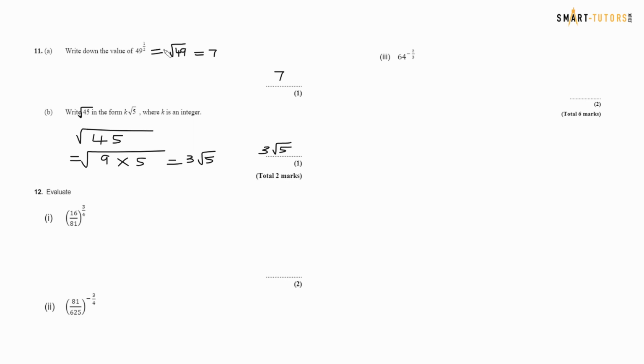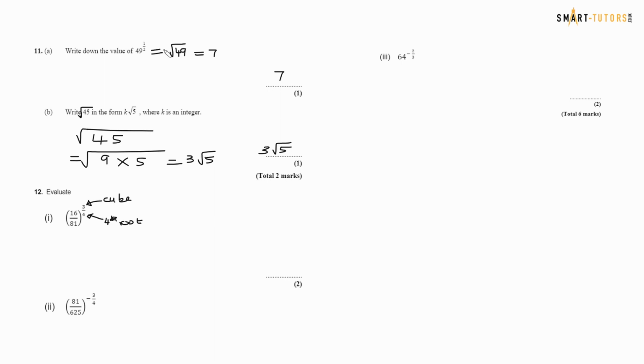Evaluate 16 over 81 to the power 3/4. So the bottom 4 is the 4th root and the top one is cube.